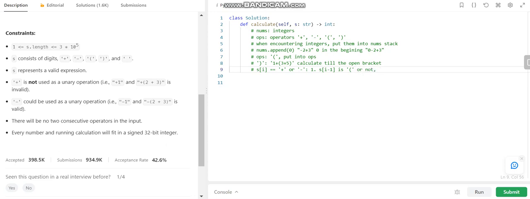If it is an open bracket, I would like to add 0 to nums, because in this case we will have a similar situation as this case. So if there is an open bracket before minus sign, we would like to add 0 before the minus sign to make the calculation more standardized.